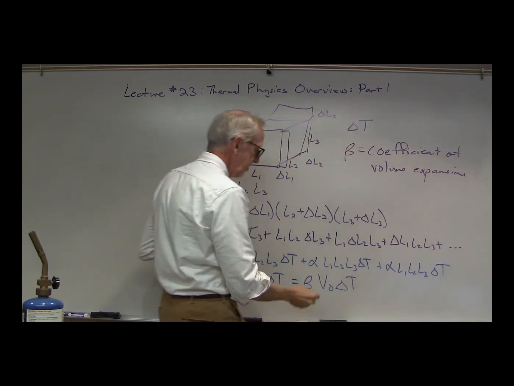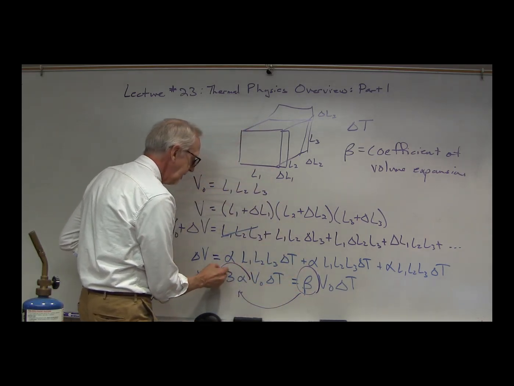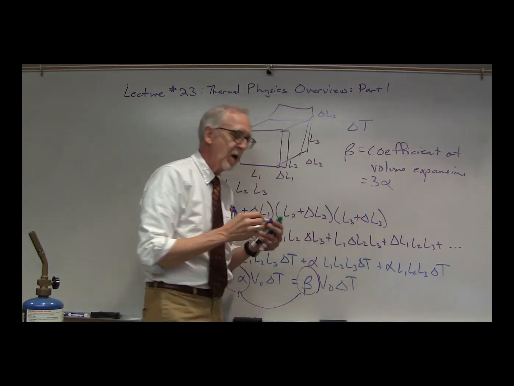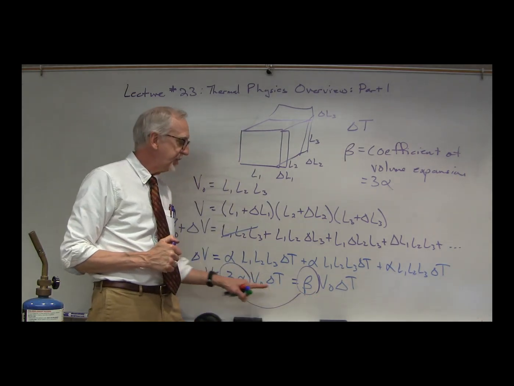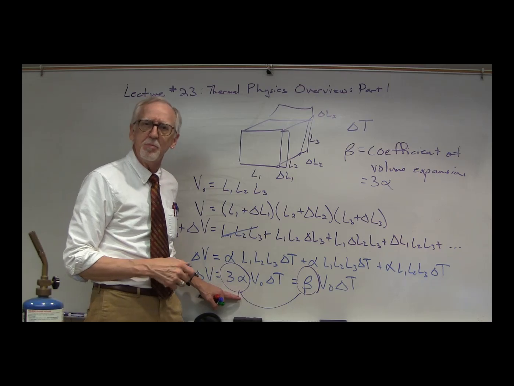And what do we notice? We notice that beta is equal to 3 times alpha. So the coefficient of volume expansion is just 3 times the coefficient of linear expansion. It's a very, very simple relationship.